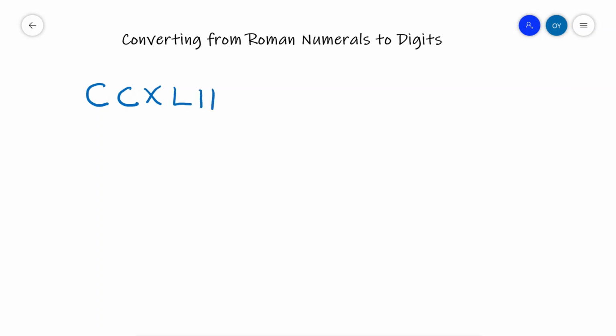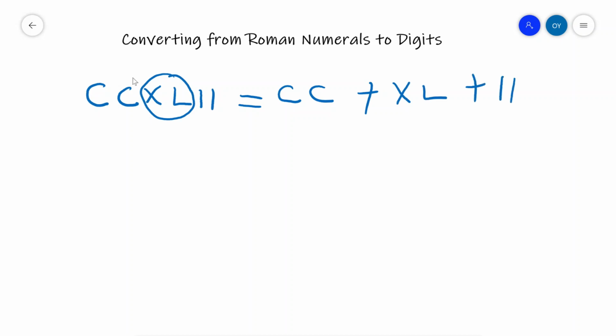We are told to convert CCXLII to digits. So we need to understand that we should split. You can split this in order to write them out in digits. We know C represents 100, so we can write CC together. That's CC plus XL would go together, XL, then plus II. CC is 200 plus XL.